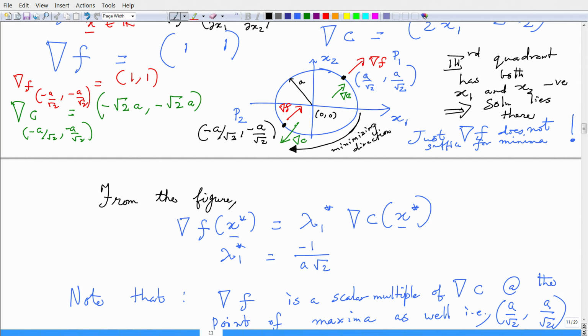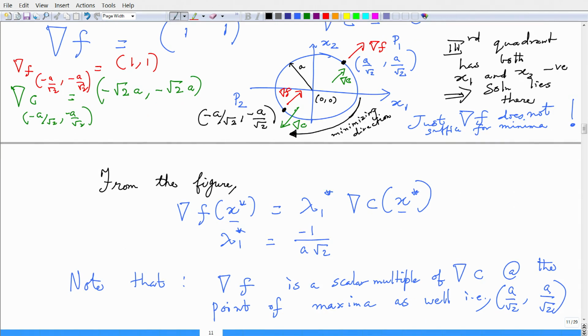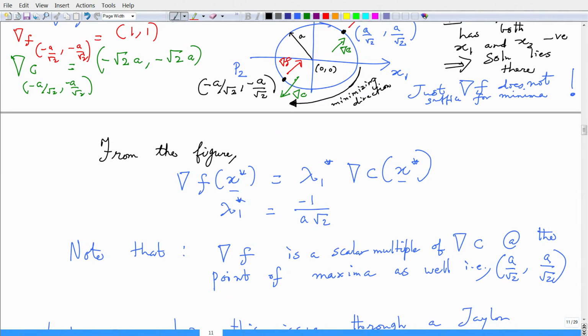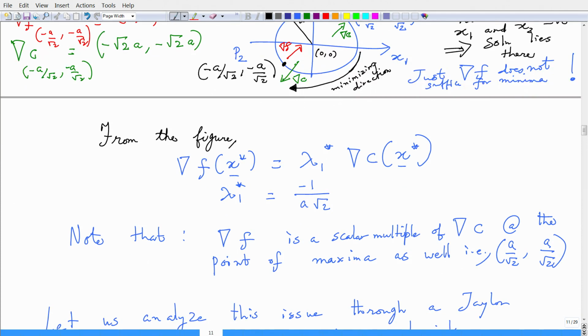This is straightforward to verify. So, I just take del f, take del c, and then just figure out the scalar constant that links these gradients, because del f is a constant and del c has the symmetry, and you can compute this lambda 1, a scalar that can link del f and del c.